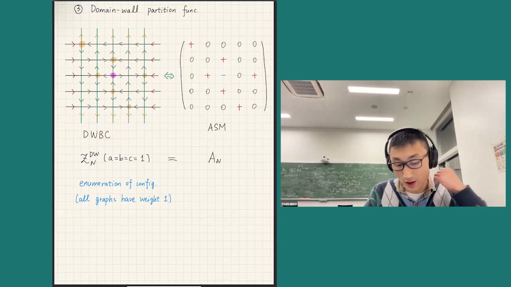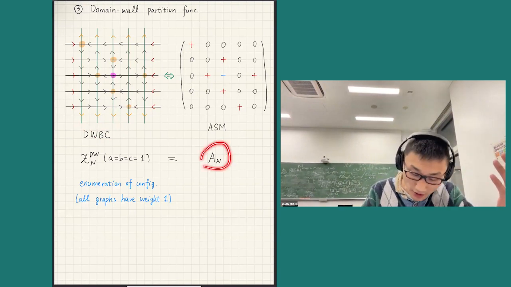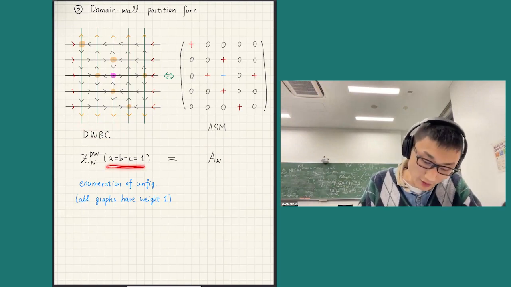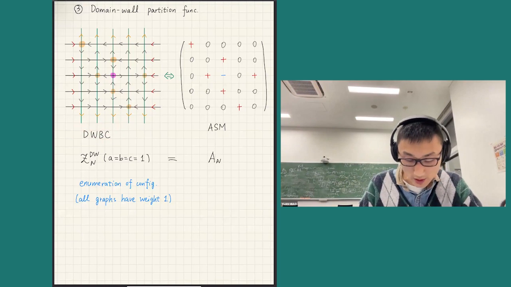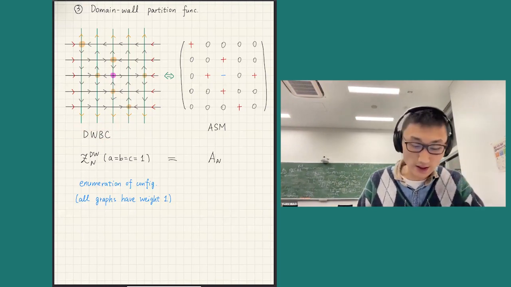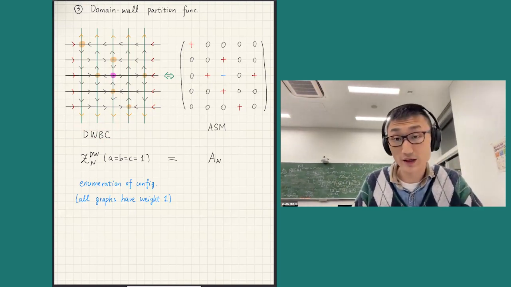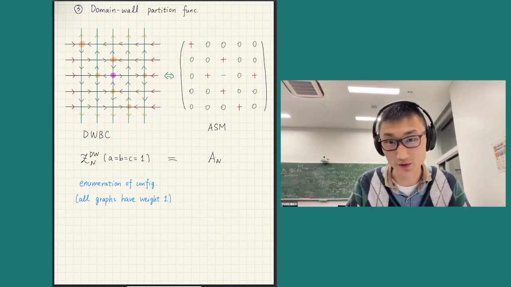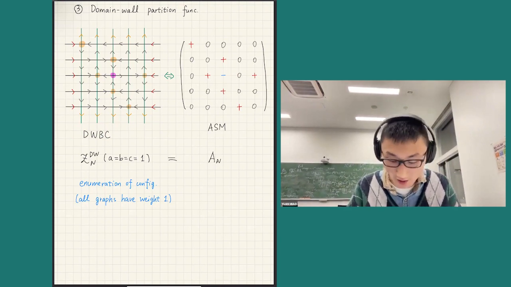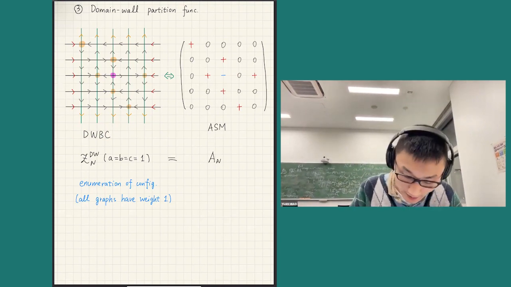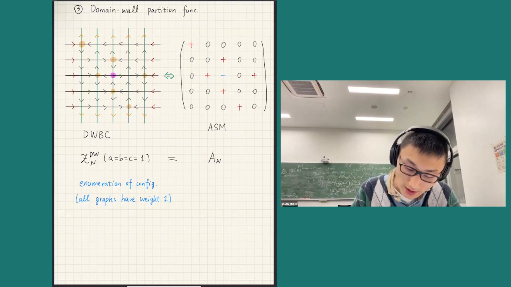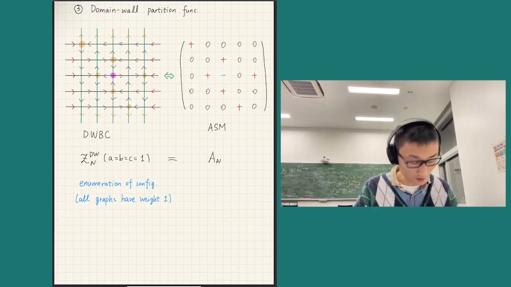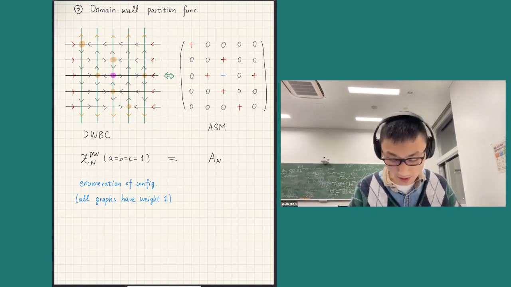So in order to get the enumeration of the ASM, essentially what you do is you can put all the weight of this A, B, C vertices to be 1. In that case, the partition function is simply just counting how many configurations there are. There have been conjectures on this AN, which the exact form is not very important.